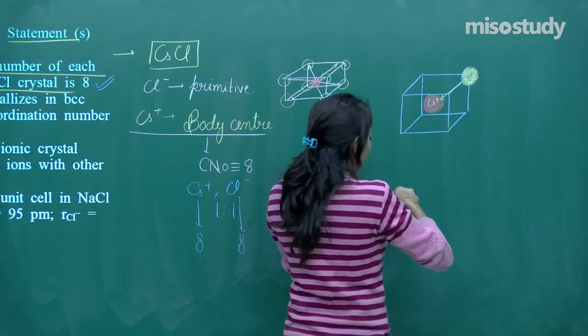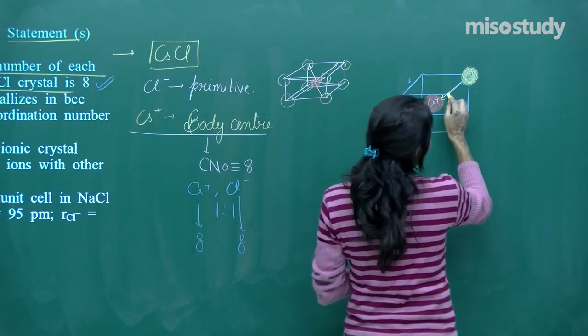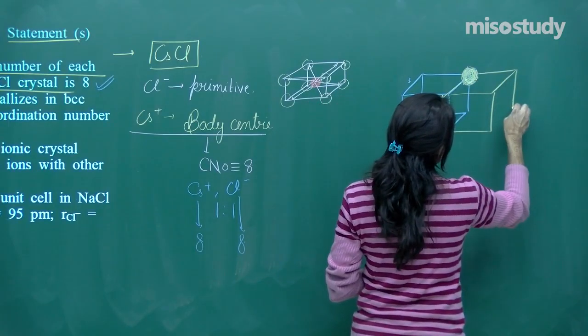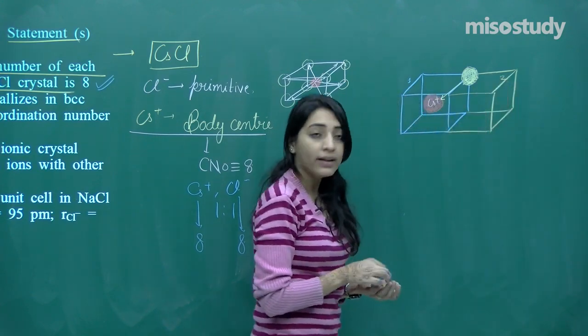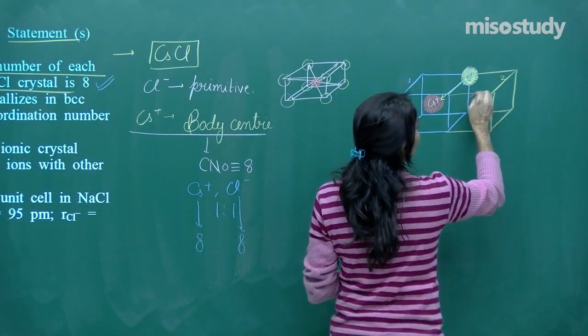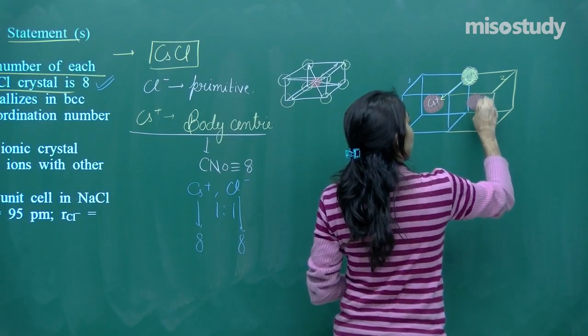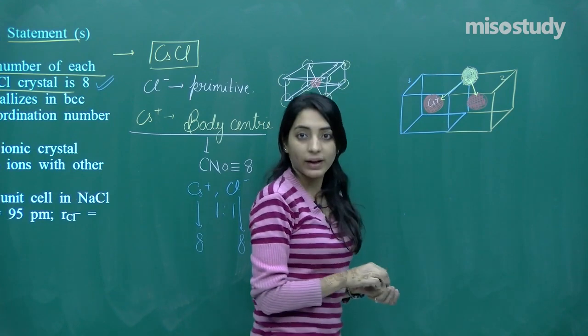This chlorine is a part of this blue cube, 1. This chlorine must be a part of the yellow cube, number 2, right? That means there must be one cesium atom in the center of this yellow box also, which this chlorine should be directly touching, 2, right?